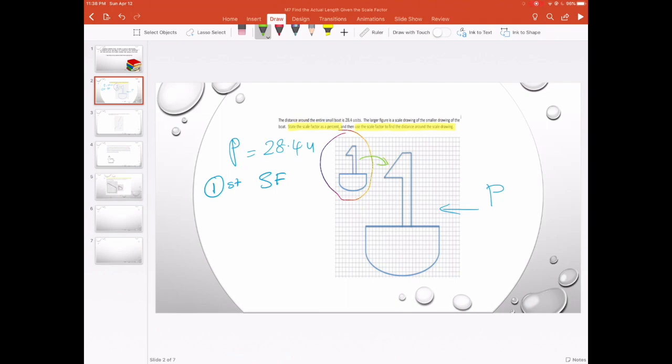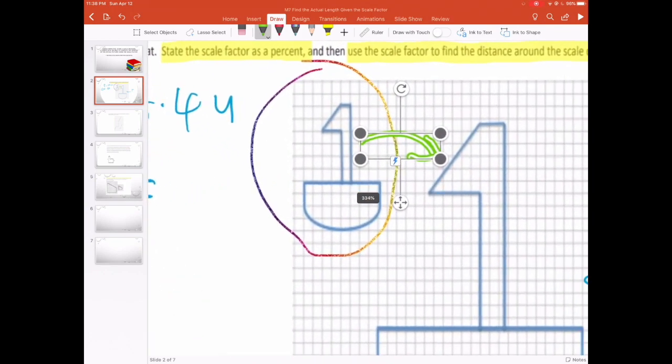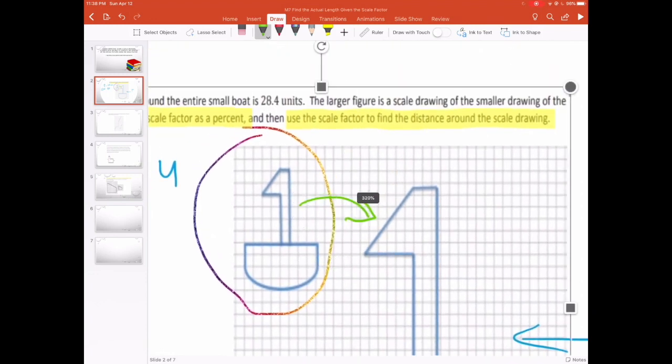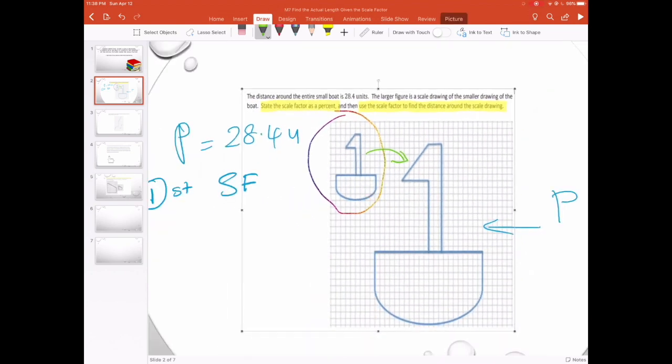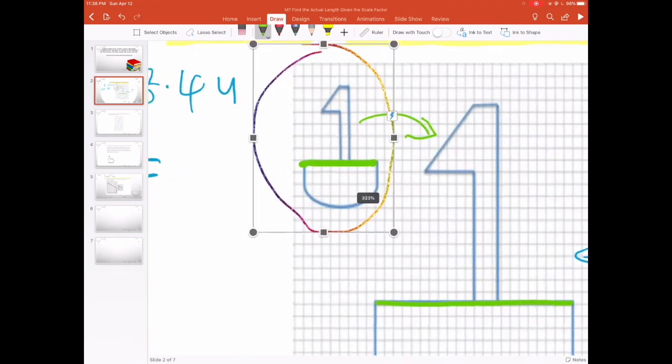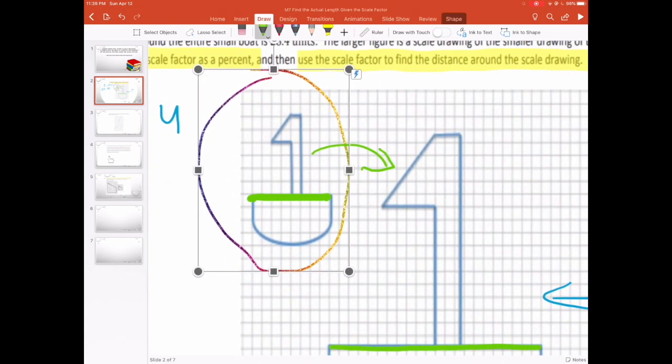I'm going to use something that is easy to find corresponding terms, for example, this length or the width of the boat as my corresponding sides. I'm going to count how many little units this has taken. 1, 2, 3, 4, 5, 6, 7, 8.